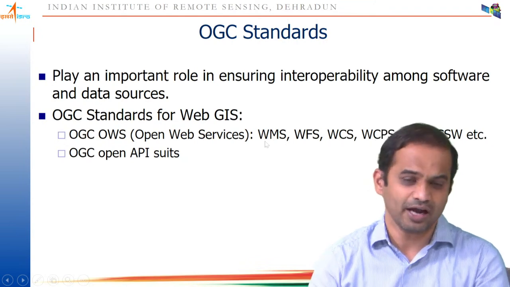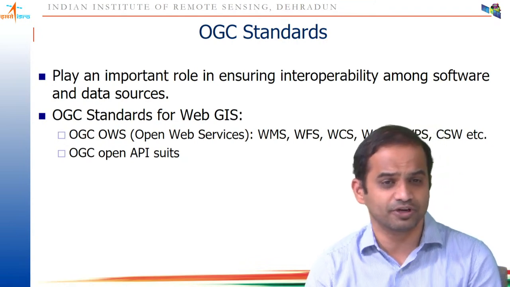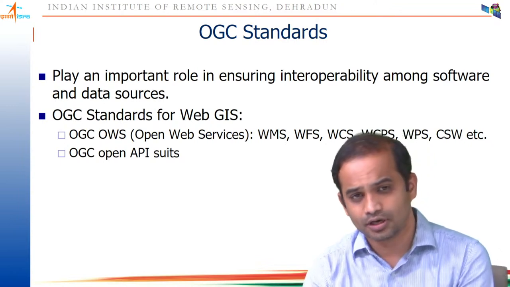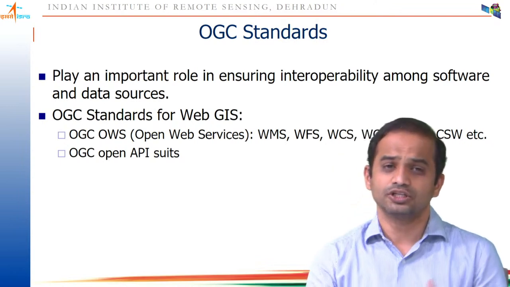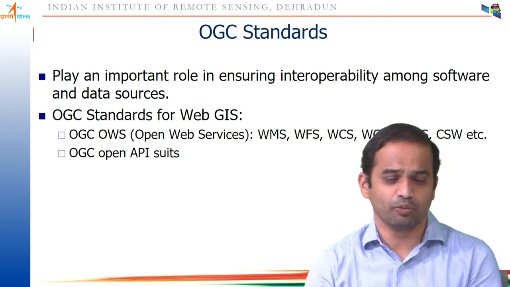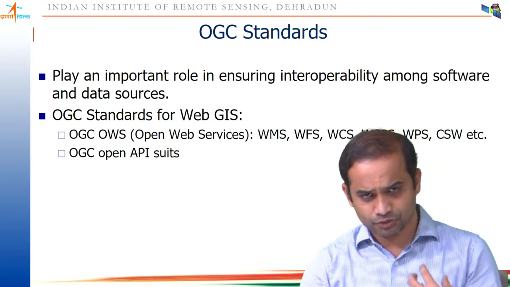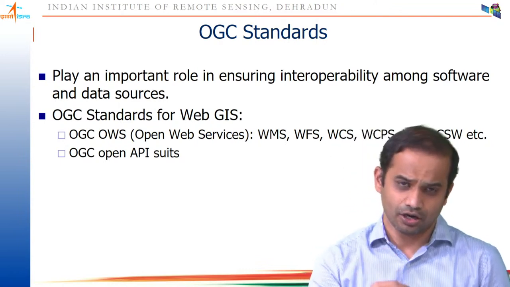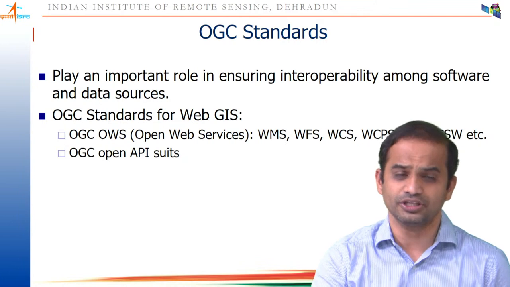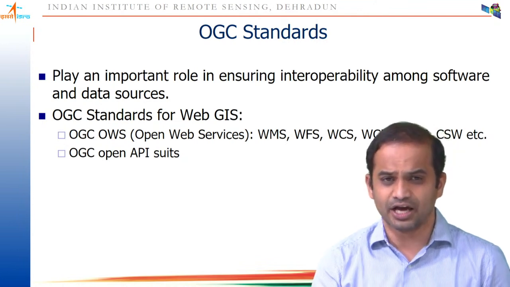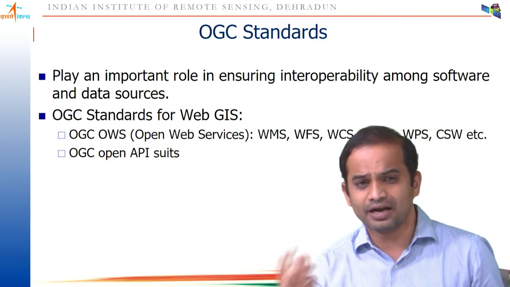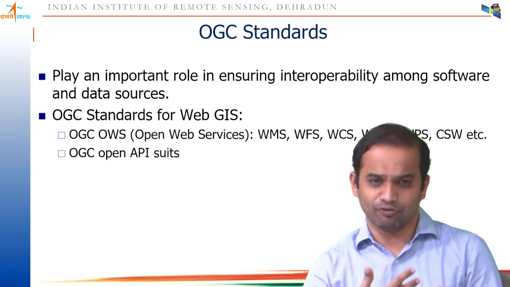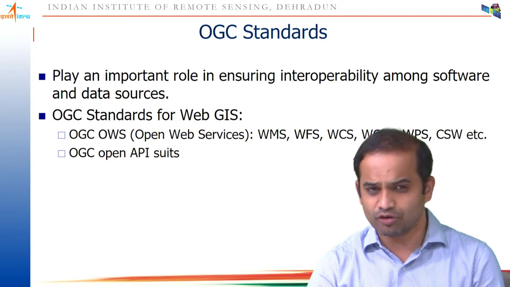But when we talk about free and open source software, this standard becomes more important, because the idea behind free and open software is that we not only provide the software, we also provide the code, and we expect users of the software to contribute to the development of the code. In that scenario, sometimes multiple projects can work together and fulfill the user requirement.